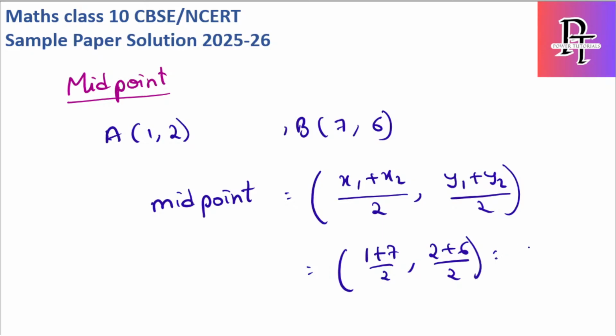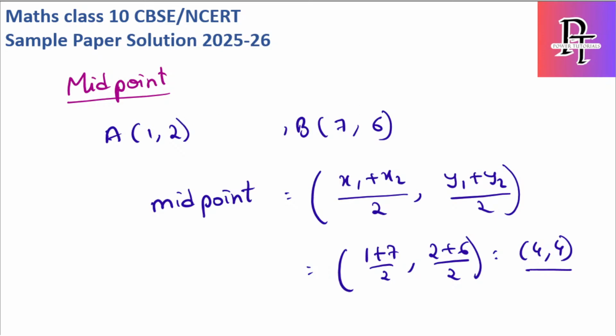So this becomes 8 by 2, which is 4, and again 8 by 2, which is 4. So simply, the midpoint of any 2 points: the formula is (x1 plus x2 by 2, y1 plus y2 by 2), which is (1 plus 7 by 2, 2 plus 6 by 2) in this case. So whichever points they might be, just add x1 plus x2 by 2, comma, y1 plus y2 by 2.